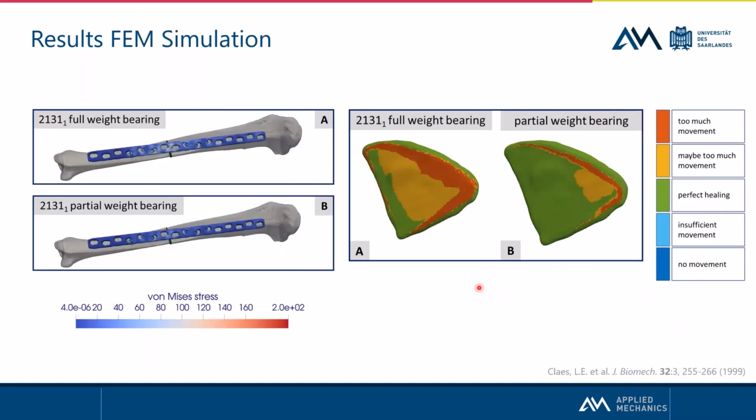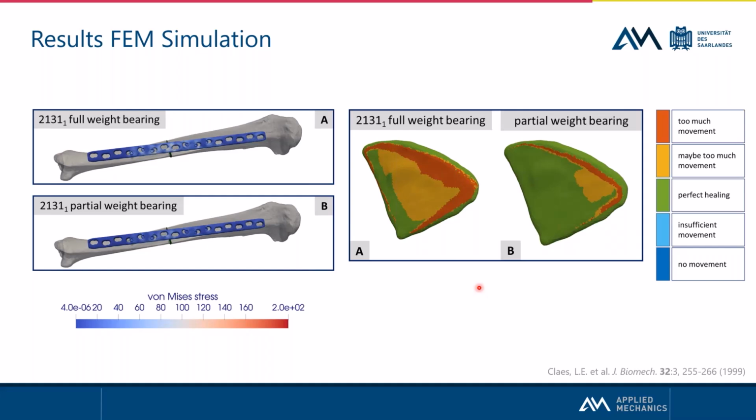And to mix all this together, we also run some simulation of this experiment. So we test also full weight bearing and partial weight bearing in our simulation, and also take, next to the implant stability, a closer look at the fracture itself.